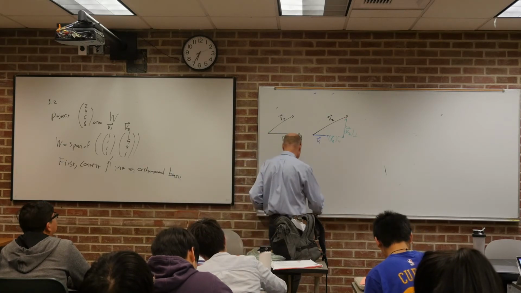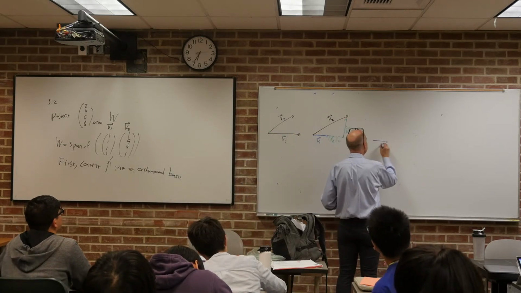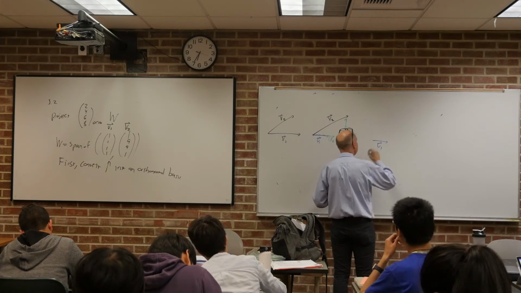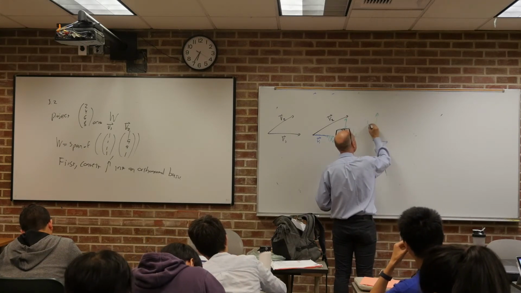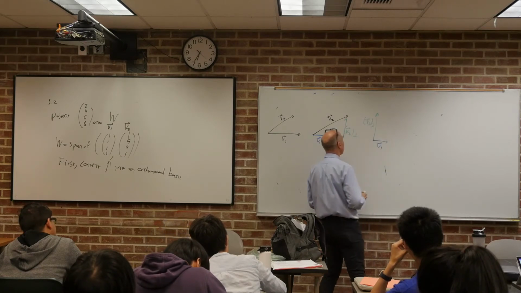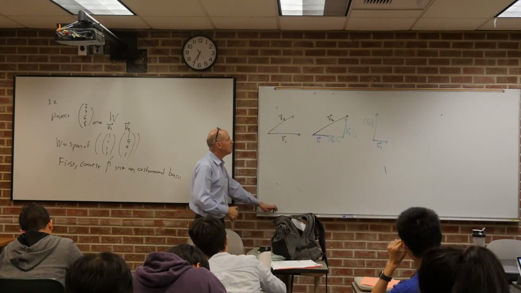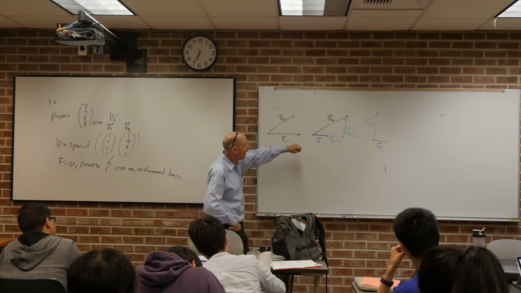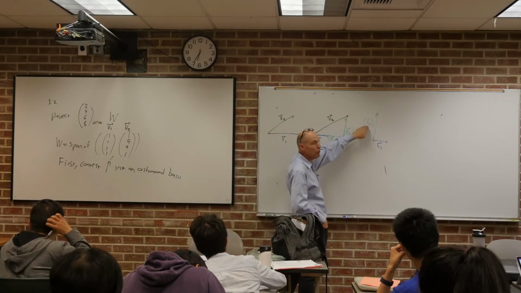Then, I've got my U1 here, and my V2 perp is up like that. So do you believe that anything I can build with V1 and V2, I can build with U1 and V2 perp?